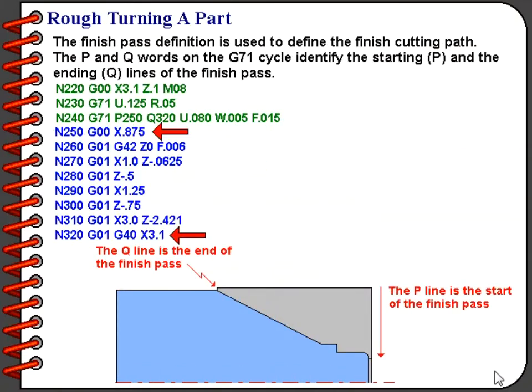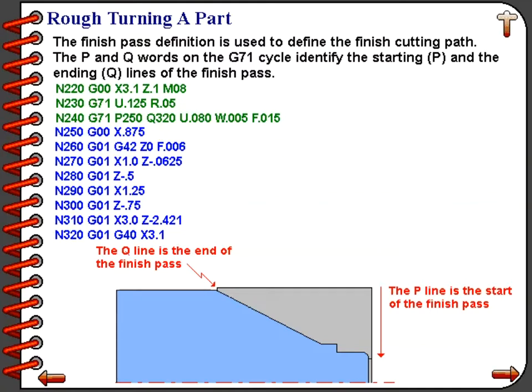The roughing cycle needs to know what the finished part looks like. The finish pass definition is used to define the finish cutting path. The P and Q words on the G71 cycle identify the starting line with the P word and the ending line with the Q word of the finish pass.